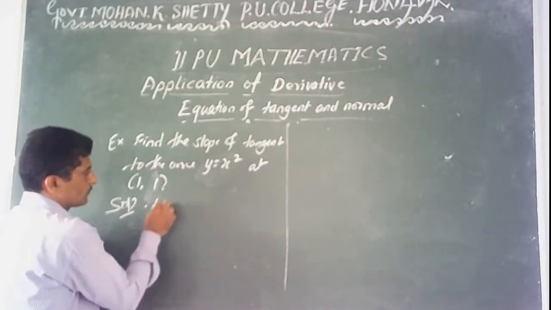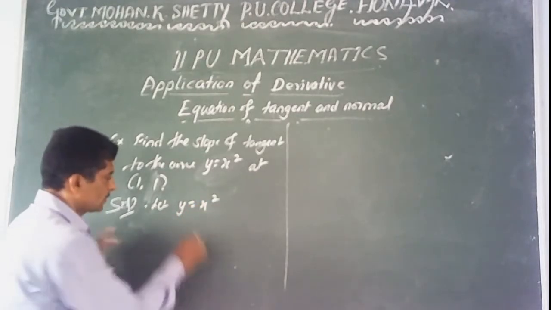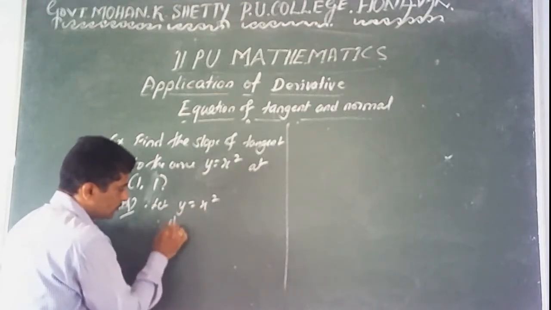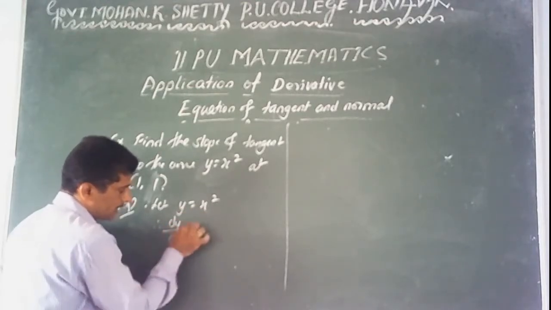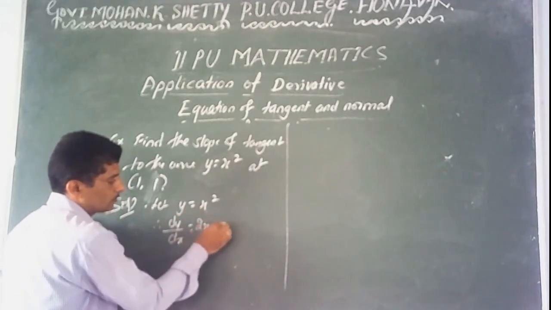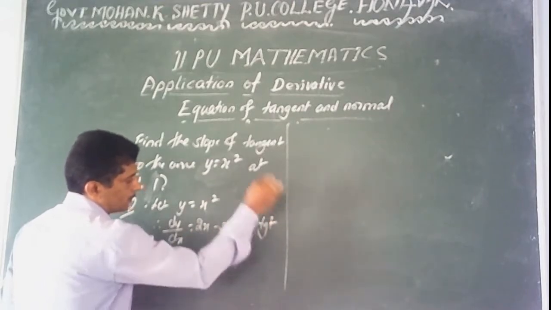Simple question. Y is equal to x square, the given curve. Just differentiate with respect to x. Here the derivative of y with respect to x is in explicit form, so we differentiate directly. This value is 2x, so this is the slope of tangent at an arbitrary point.